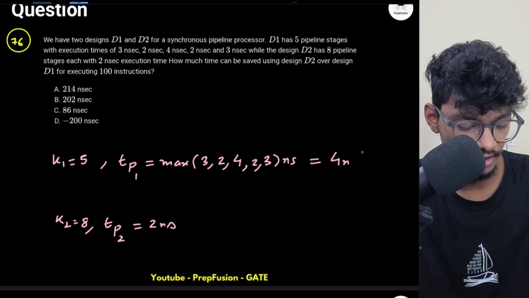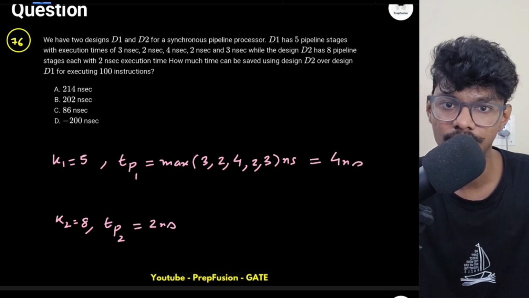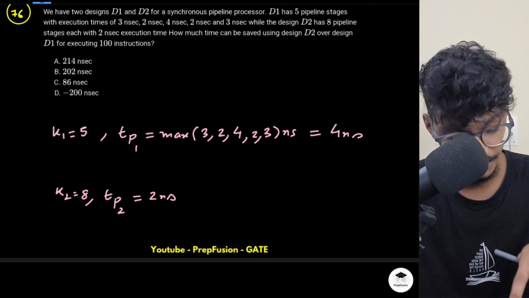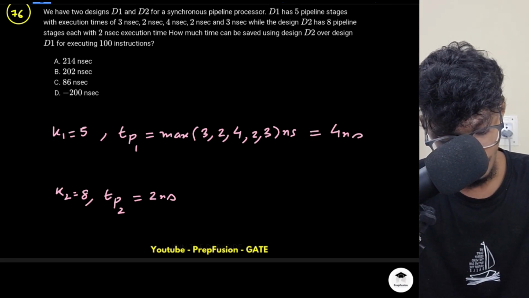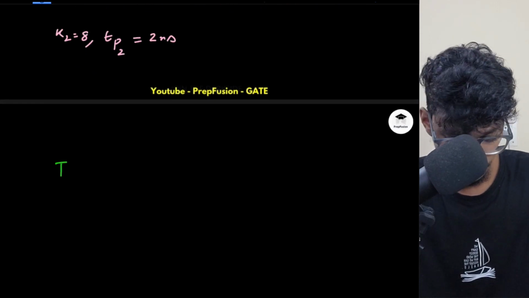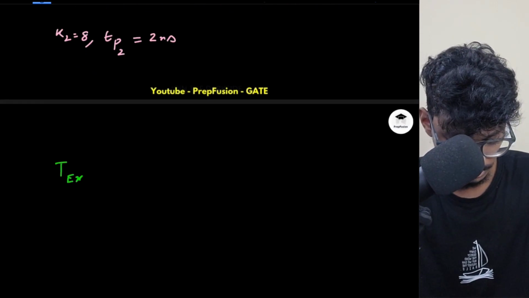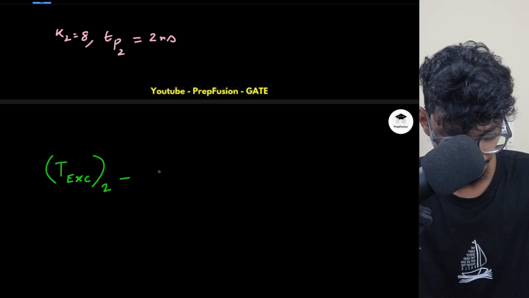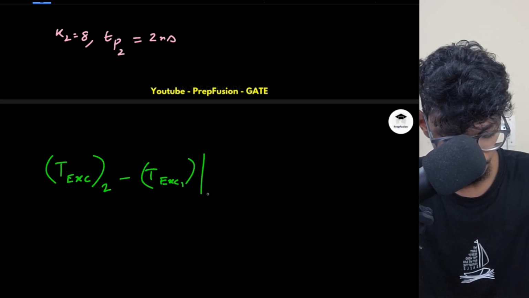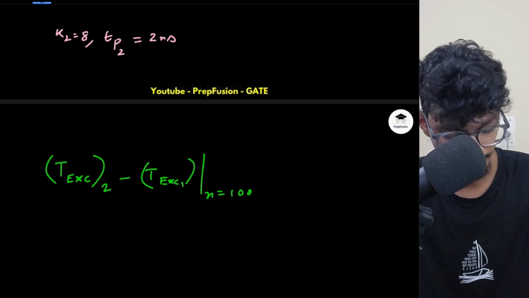So after the first instruction, each instruction will take 4 nanoseconds. So what is it telling? How much time can be saved on design 2? So it is asking me to find T execution in the first design minus T execution in the second design for n equals 100.